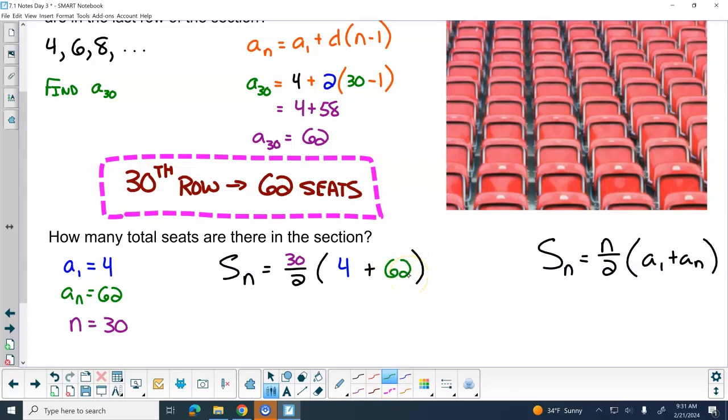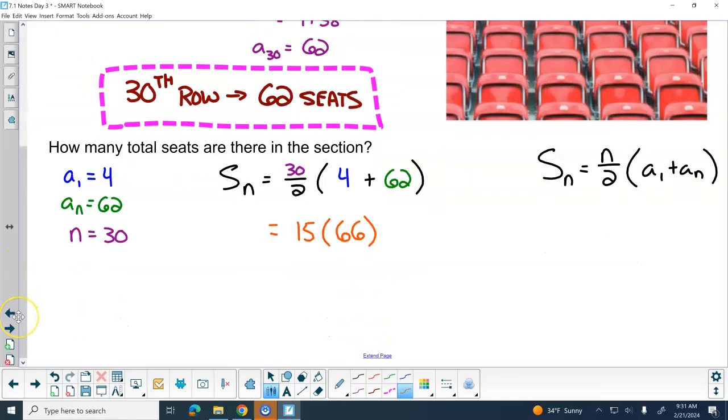30 divided by 2 is 15. 4 plus 62 is 66. 66 times 15 is how much? 990?